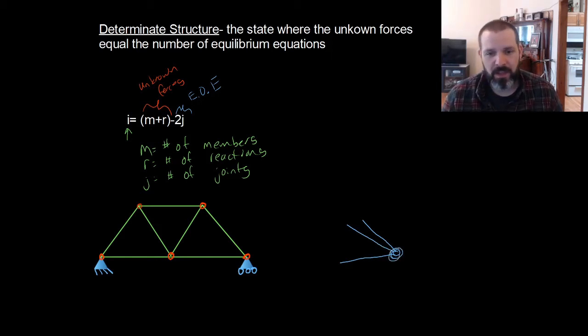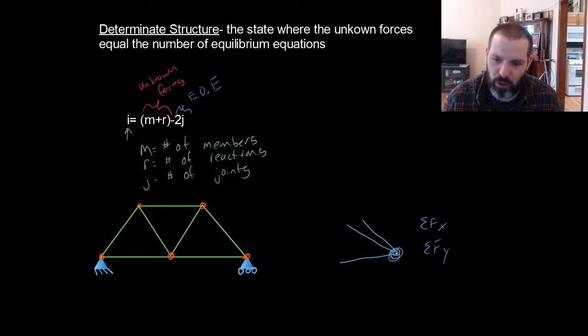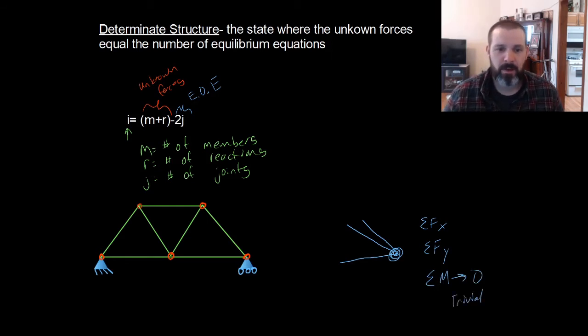I can sum forces in the x, I can sum forces in the y, but if I try to sum the moment at the joint, we find that all the forces act through that joint so that there is no moment. So our sum of the moments will always be 0 and is trivial and useless. So for each joint, we get 2 equations of equilibrium.